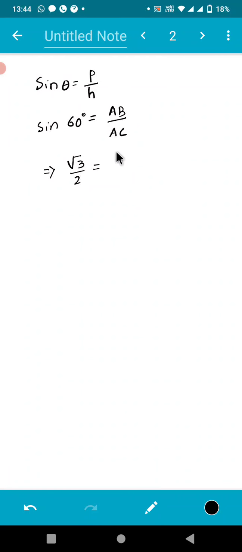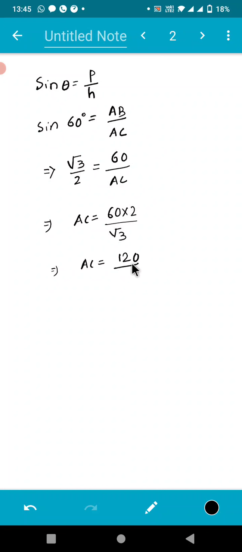And AB is what? 60. And what is AC? We do not know. Now to get the value of AC, we have to do the cross multiplication. That is, AC would be equals to 60 into 2 by root 3. So it will look like 120 by root 3, as in denominator we have an irrational number, so we have to rationalize it.